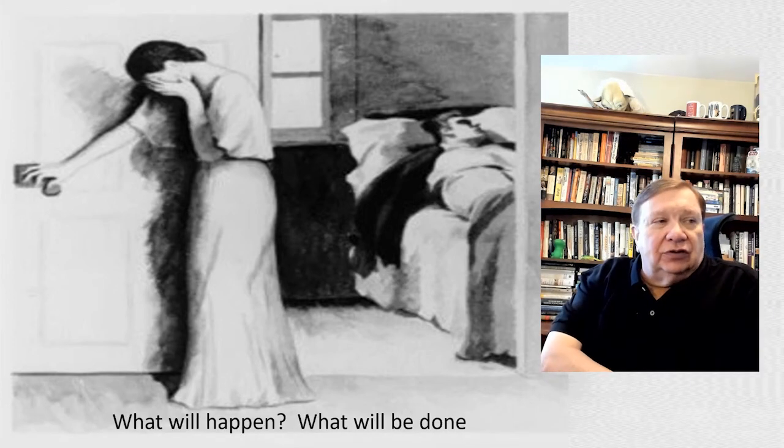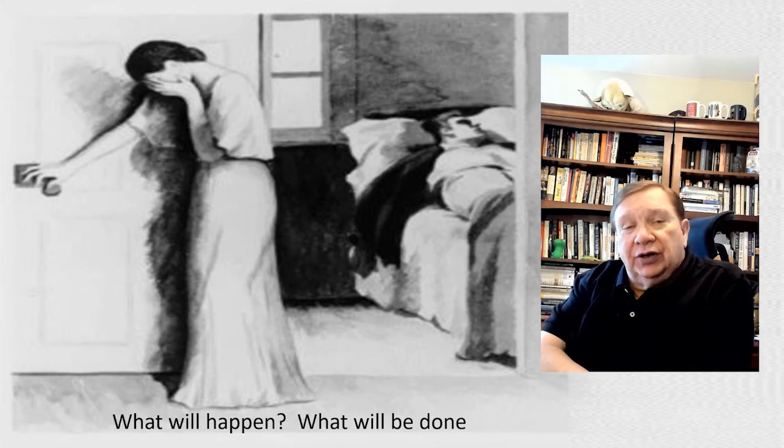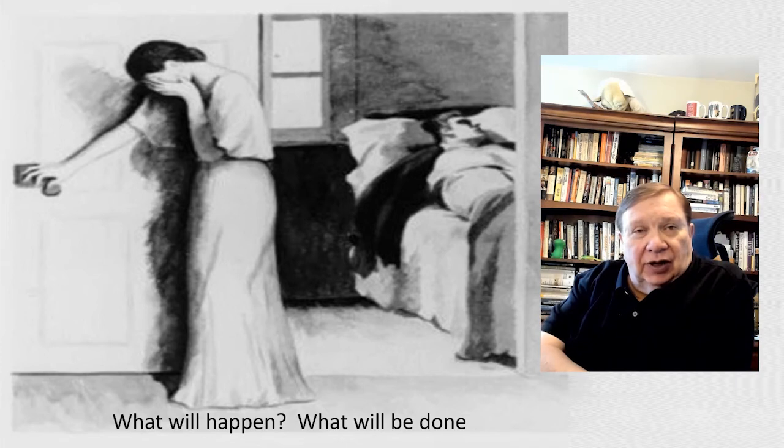Then you have the final question. What will happen? What will be done? Typically, if it's the stoner funny story, she'll lie down next to him and pass out, and they'll both wake up with really bad hangovers.